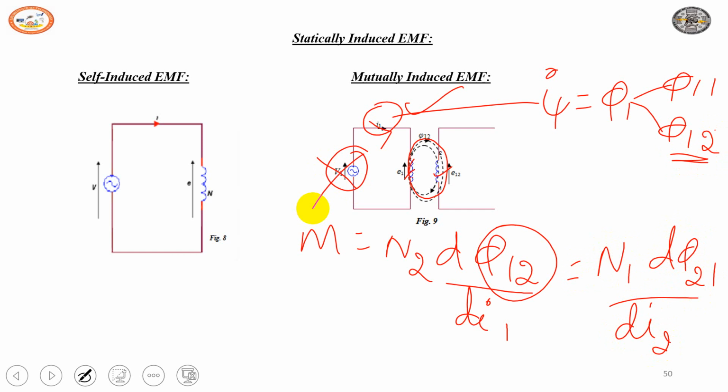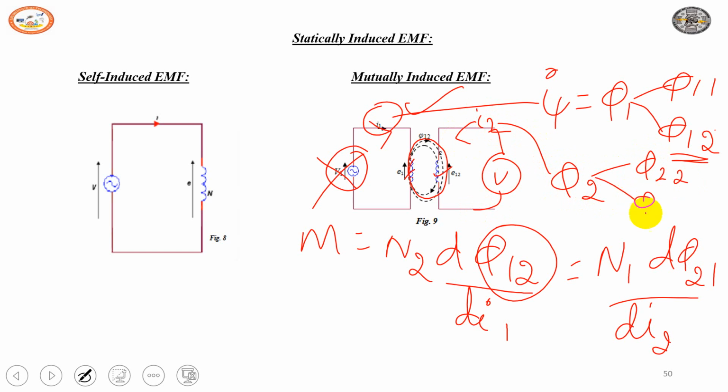Instead of the supply here, if I give the supply here, the current I2 flows here, and this I2 produces a flux phi 2. I think now you can relate this. This phi 2 not only links its own coil, phi 22, it also links with phi 21. So this phi 21 will be the mutual flux linking the other coil.